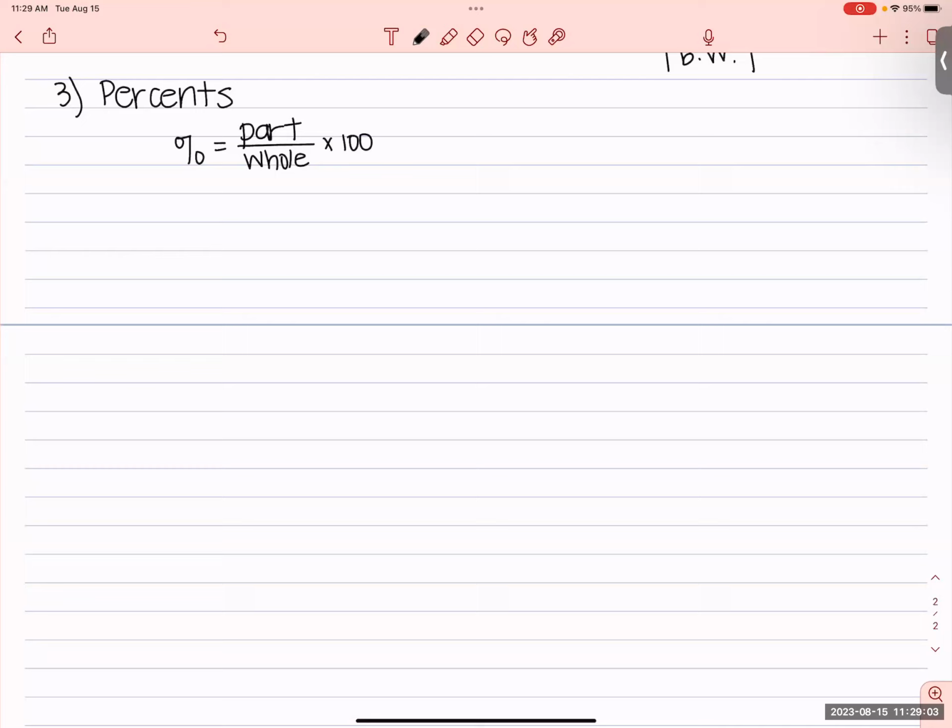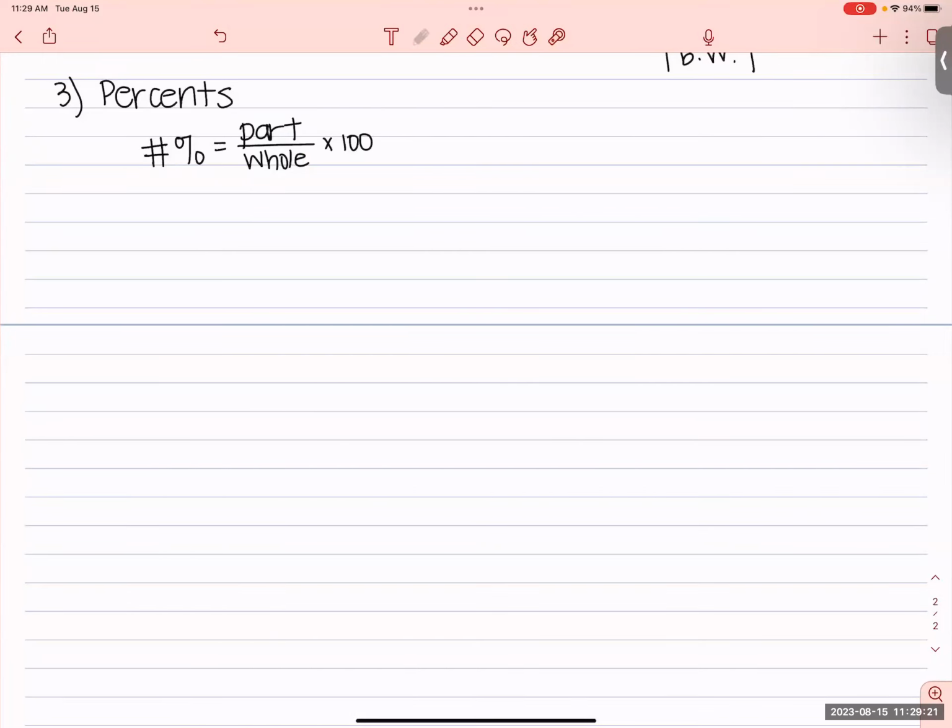So if I have some number of percent, and I want to get rid of the percent sign, and I just want to talk about it as a fraction, which then can be used as a conversion factor, I can do a couple of things.